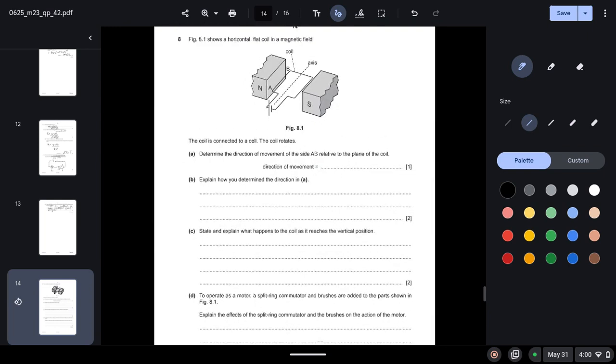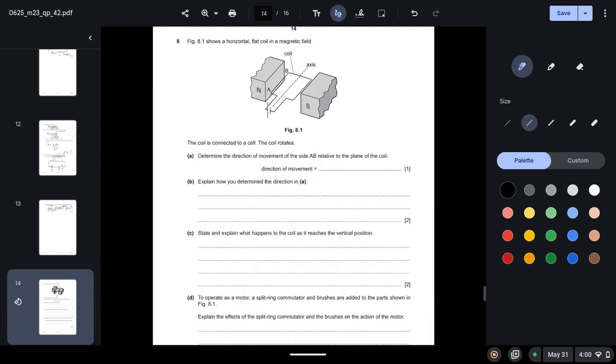Question 8. Figure 8.1 shows a horizontal flat coil in a magnetic field. The coil is connected to a cell. The coil rotates. Determine the direction of the movement of the side AB relative to the plane of the coil. Well, here you will have to use Fleming's left hand rule. So we know that the magnetic field is always from south to north.